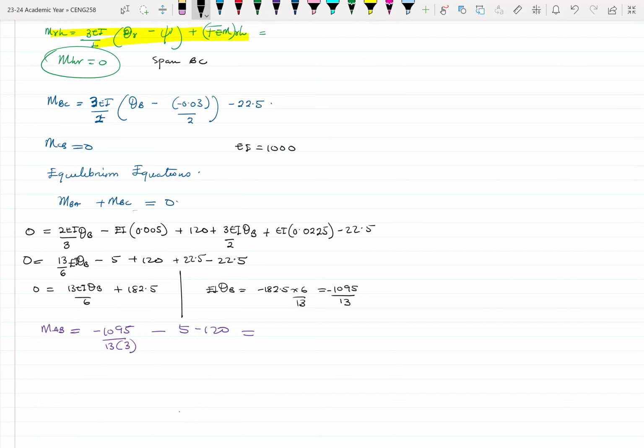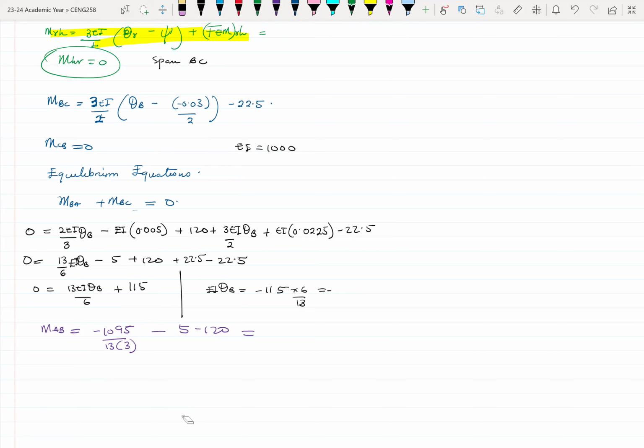So if that is the case, then these two cancel out. I'll get 115 over here. So this becomes minus 115 times 6 over 13. Let's see if this makes sense. Minus 115 times 6 divided by 13. That'll give me, yeah, great.